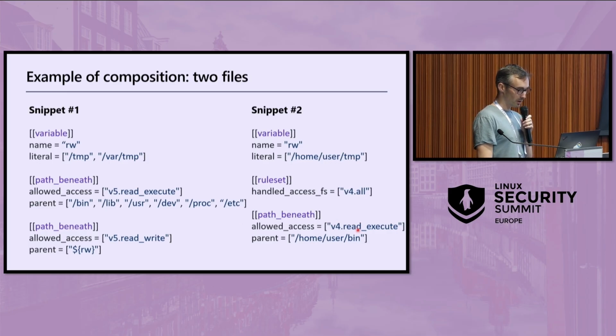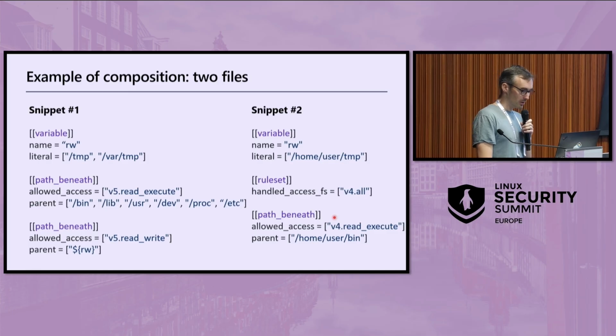In this case, you also want to add your own read execute hierarchy for your own scripts, for instance. And it looks like this group of access rights almost matches this one, except for the difference in the version.